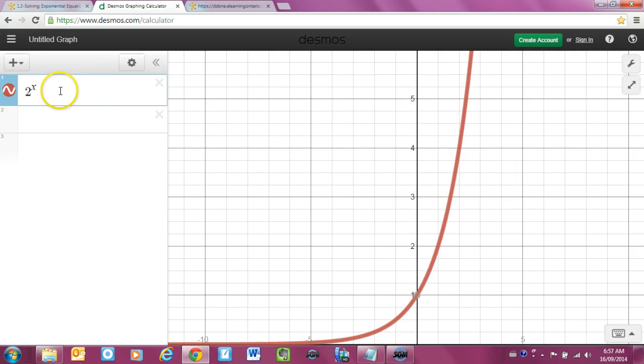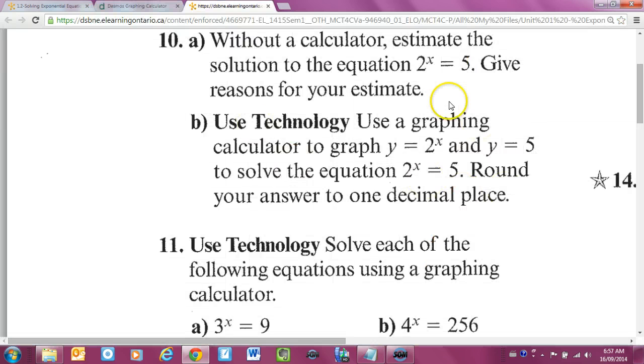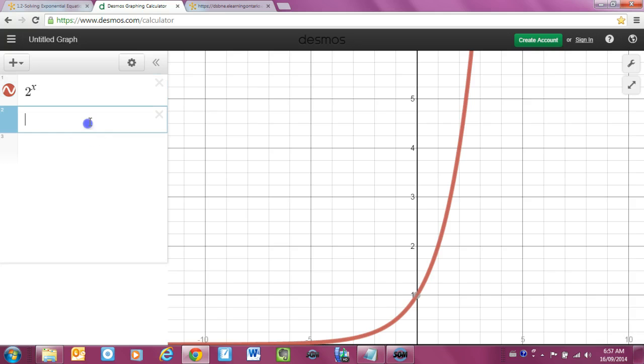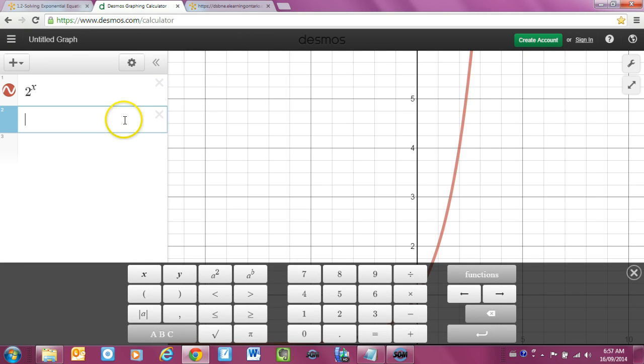If I did have something a little bit messier, 2 to the exponent x equals, let's say, 3 to the exponent x, or say 0.5x minus 4. Whoops.